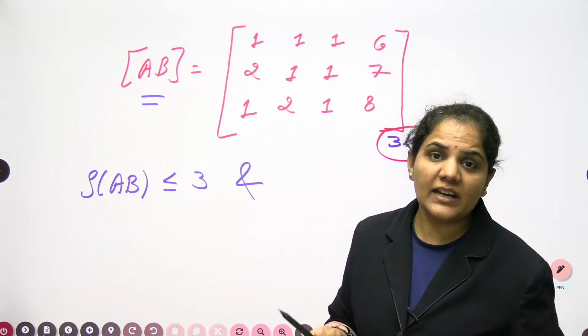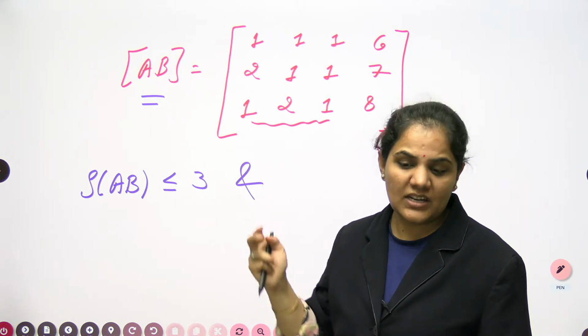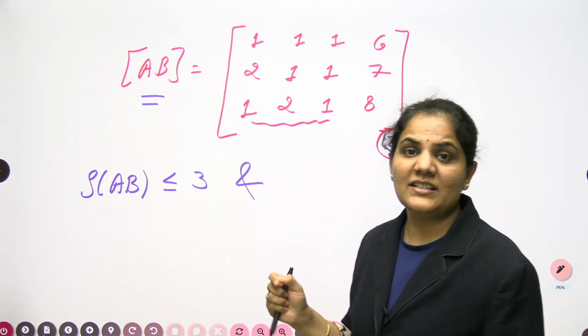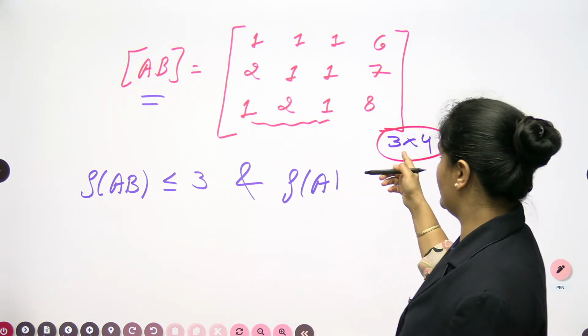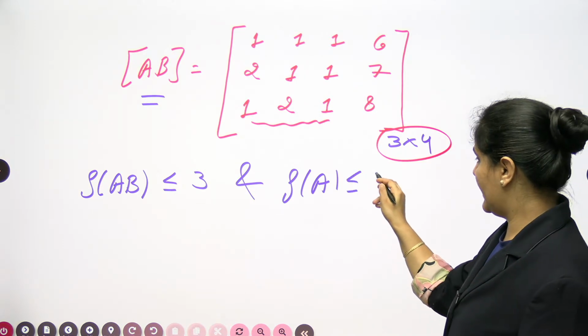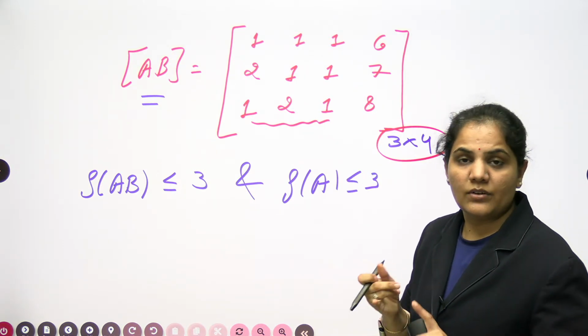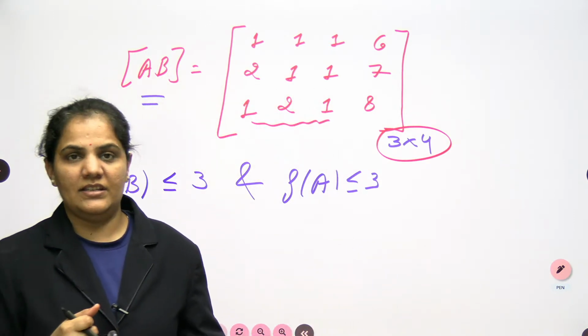So which will give me the rank of A? This is my A matrix only; the first 3 columns form the matrix A. Because the order is 3 cross 3, we can write the rank of A is also less than or equal to 3. So rank of AB is less than or equal to 3, and rank of A is also less than or equal to 3.